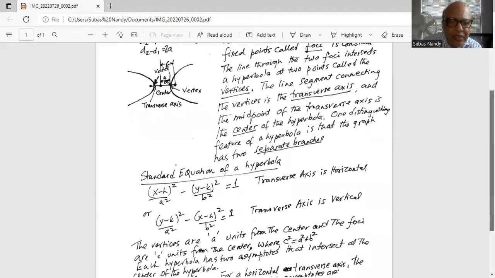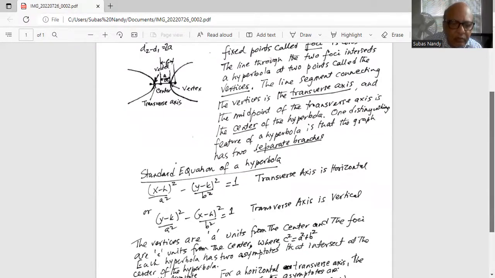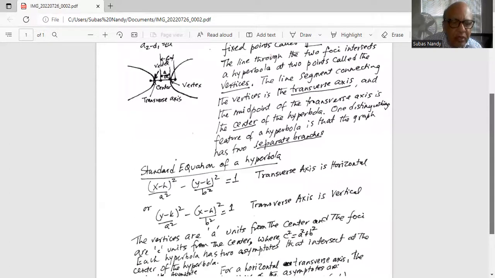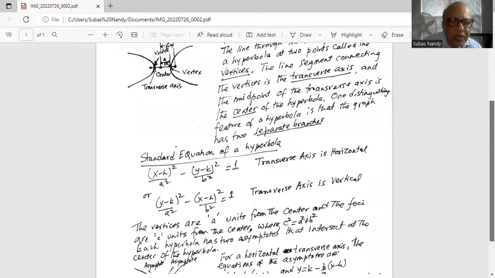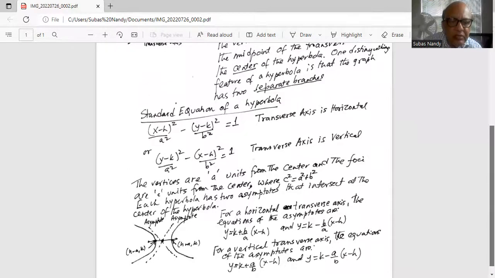So a is smaller than c, and we have c squared equal to a squared plus b squared. Each hyperbola has two asymptotes that intersect at the center of the hyperbola, as shown in the third picture.